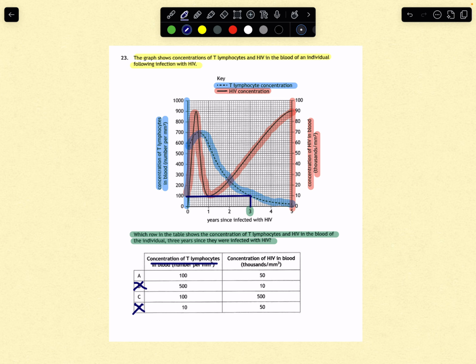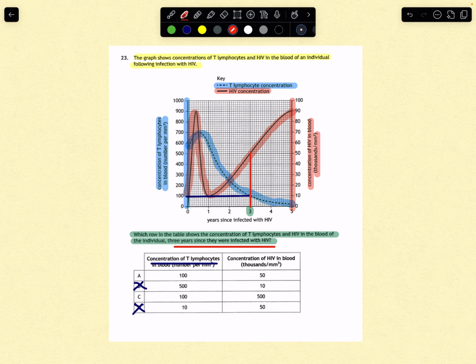So to get this final part of this question, what I'm going to do is I'm going to take a solid red. Again, I'm going to go up from 3 because it's 3 years since they were infected with HIV. Go follow up from the 3 to where we meet the red.